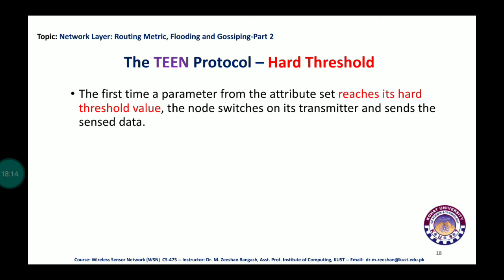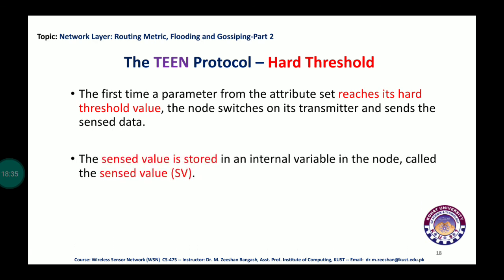The transmitter is not open for communication all the time, but there are threshold values or parameter values that decide when the transmitter needs to be open and communicating with the neighboring node.